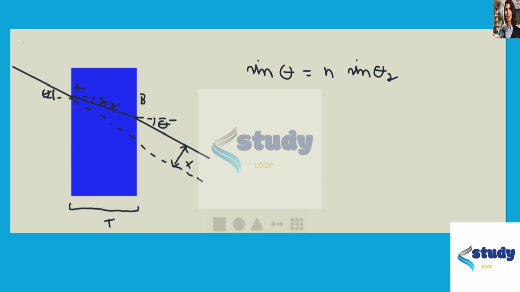And if the angle of emergence here is theta 3, we can write also the law of refraction at B. So n sine of theta 2 is equal to sine of theta 3. And theta 3 is the angle of emergence, this angle here.